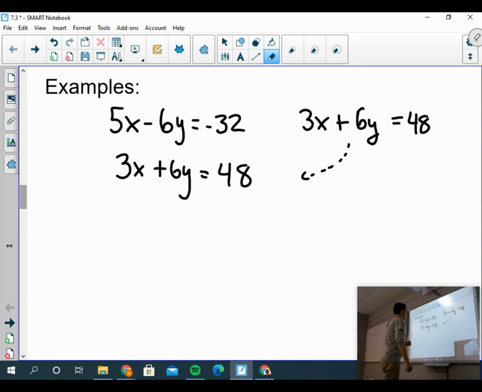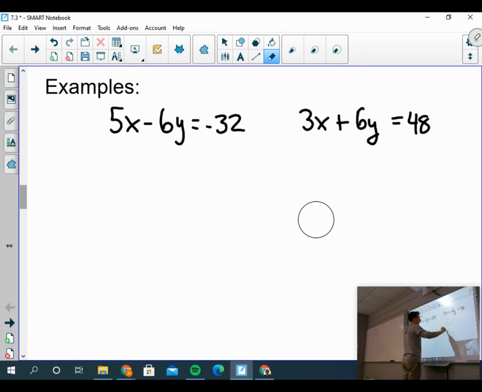The logic here is the same. I want to get a one variable equation because I know how to solve those, but substitution isn't going to allow me to do that. But I notice when I stack these equations up, if I would add 6y and minus 6y, that would cancel. So let's go back to the original way it was written.